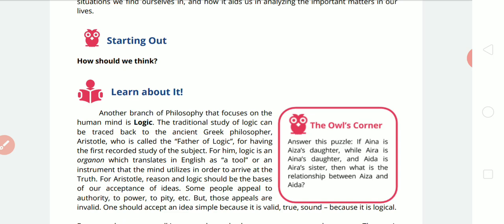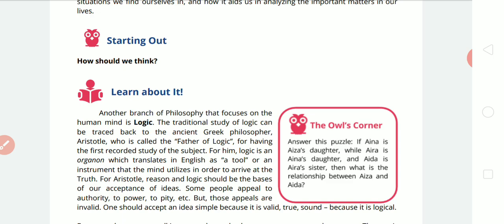So Aristotle was called the father of logic for the reason that he's the first person to study logic. For him, logic is an organon.